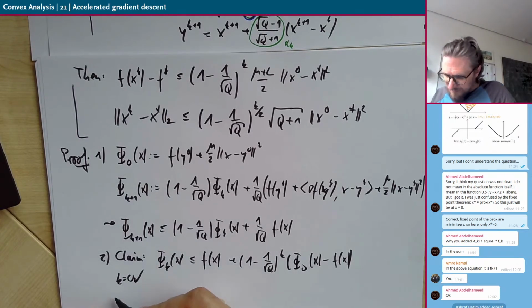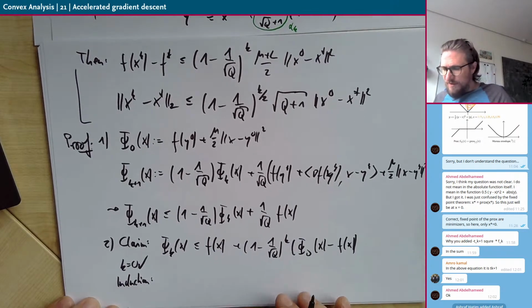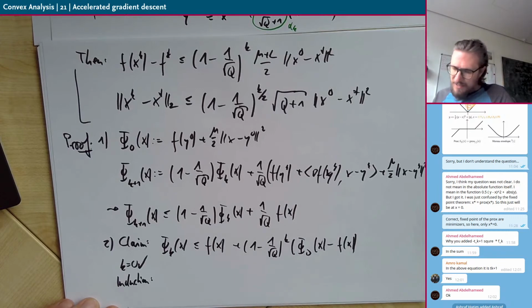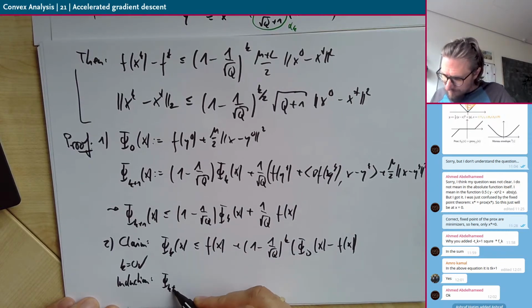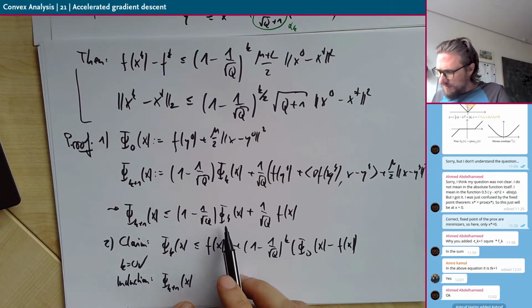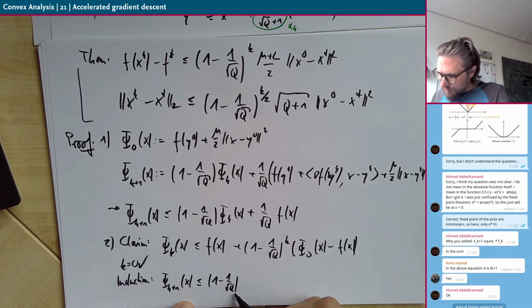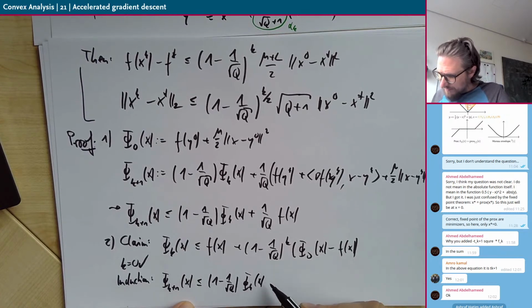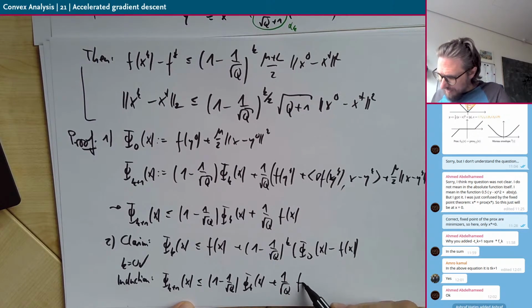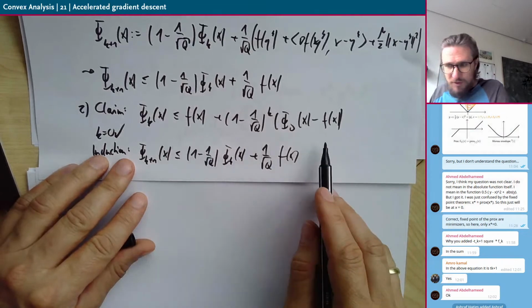And then for k, we proceed by induction. We assume that the inequality is true for some k, and then we check it for the next one. So we just use this inequality here, which you have already seen: (1 minus 1 over square root of q) phi_k(x) plus 1 over square root of q f(x). And then we use this inequality here.